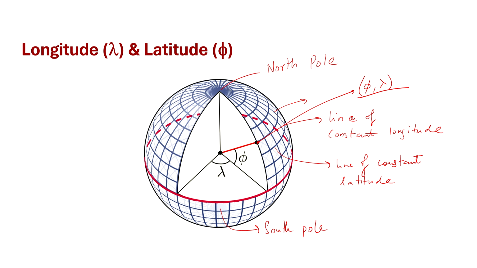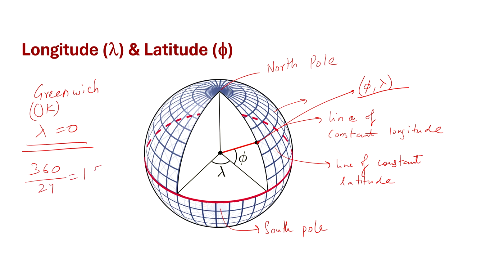So this tells you the address of a particular place in terms of coordinates. For Greenwich Mean Time, for Greenwich in the UK, we take lambda to be equal to 0, okay, and the earth rotates 360 degrees over 24 hours. So 360 divided by 24 is equal to 15.